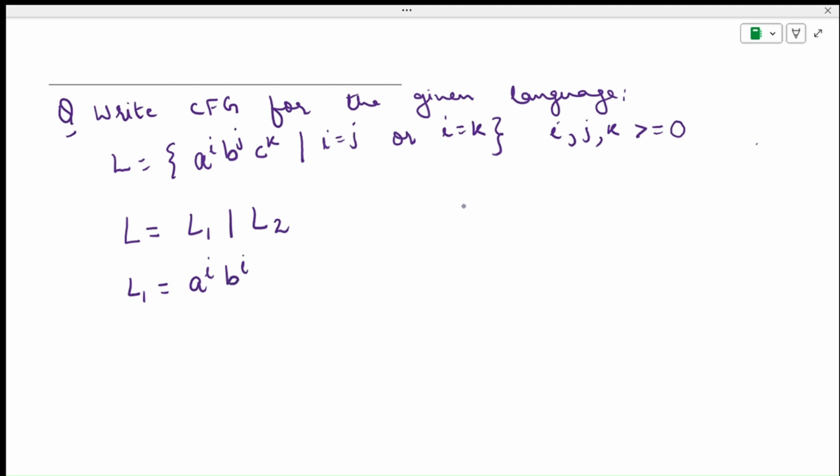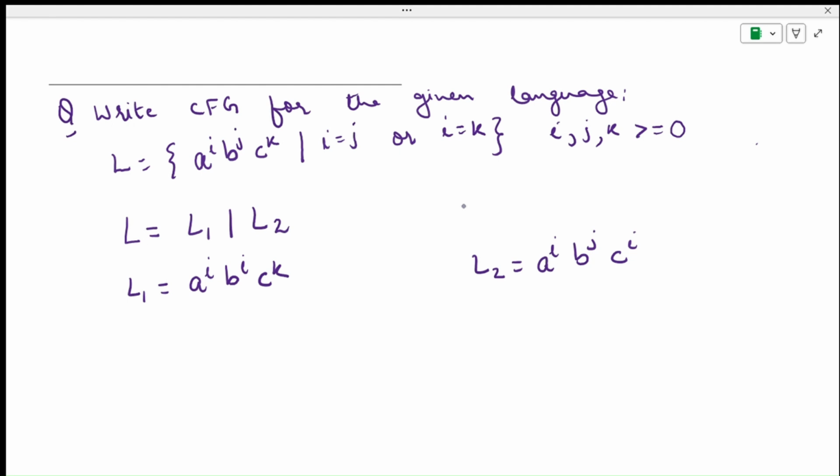So instead of writing j, I am writing i, and c raised to the power k. And the second language L2 is a raised to the power i, b raised to the power j, and c raised to the power i, because in this case i is equal to k. So it means that language L is L1 or L2.